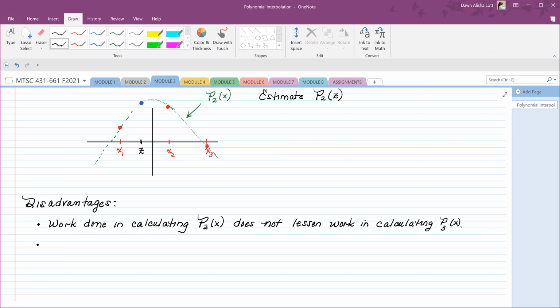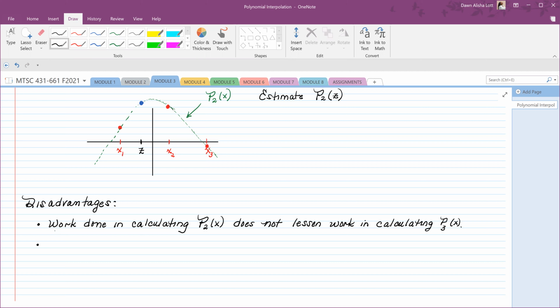I have to start from the beginning. Originally we had 3 points and I was able to calculate P2. But if I add a point, I can't just take what we had and start from there. It doesn't work that way.